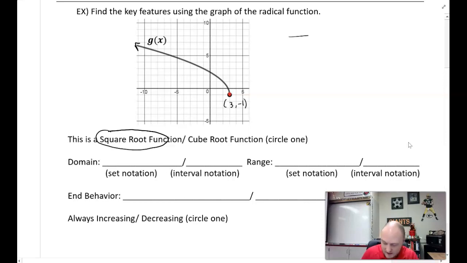And our x values, if I was to make a list, here's 3. Our x values are getting smaller, or they're going off in the negative direction. They're decreasing. So our domain are the x values less than or equal to positive 3. And as an interval, this would be negative infinity to positive 3, including the 3.